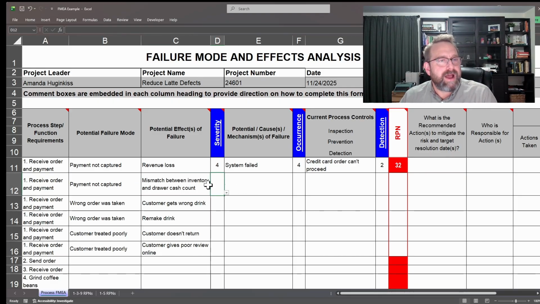Okay, so payment not captured. There was a mismatch between the inventory and the drawer count. Severity, again, that's kind of like a revenue loss situation again. I guess we can just say 4 for that right now. The cause or the mechanism of failure. This is where I'm not even sure.